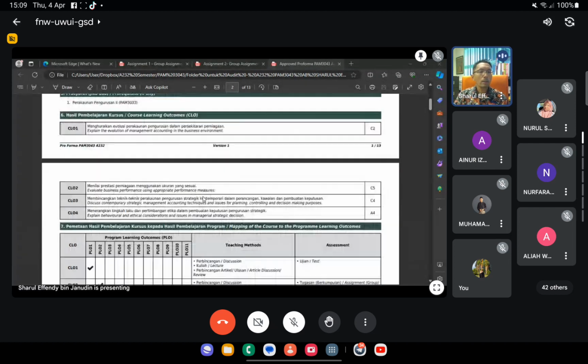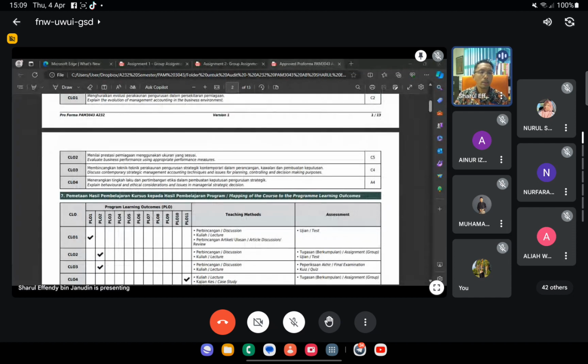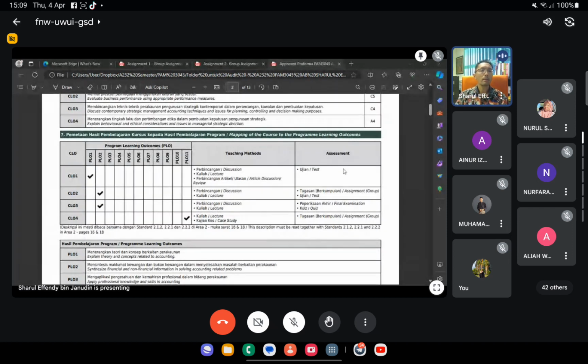There are 4 CLOs to be achieved, and each CLO has been designed in terms of how we assess it. For example, for CLO1, you're going to have your quiz, your test one.